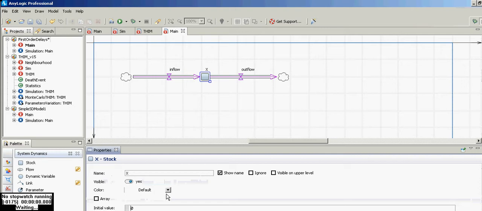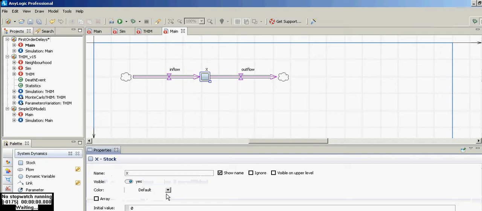So ladies and gentlemen, suppose I want to set this up so that people who are in the stock have a 10% chance per year of leaving the stock. How would I do that? What do I have to add? Speak in unison. What do I need to add?